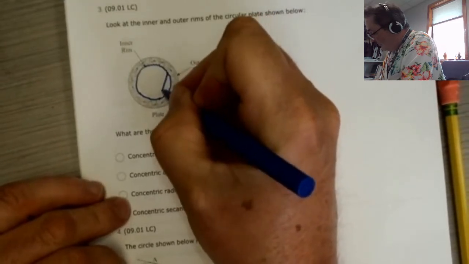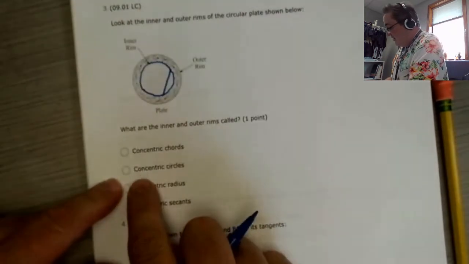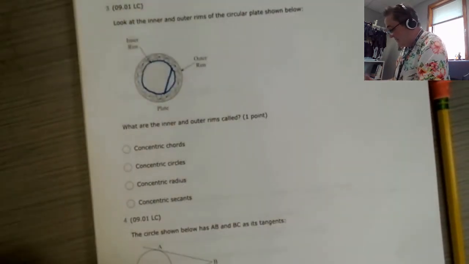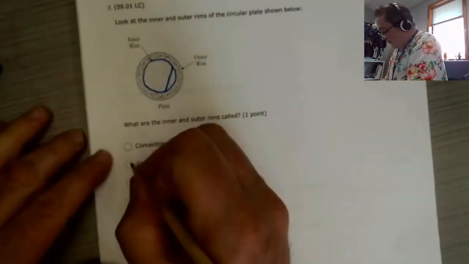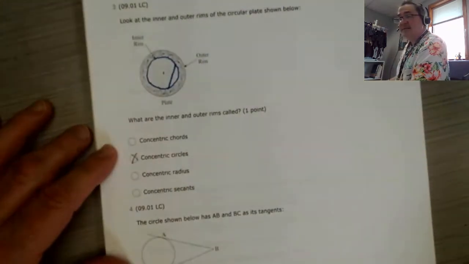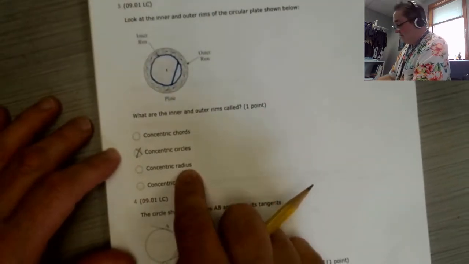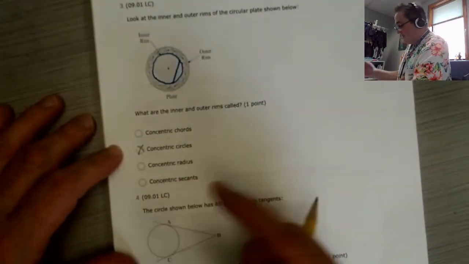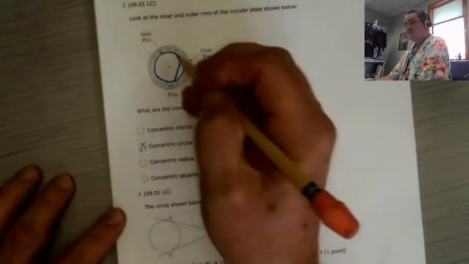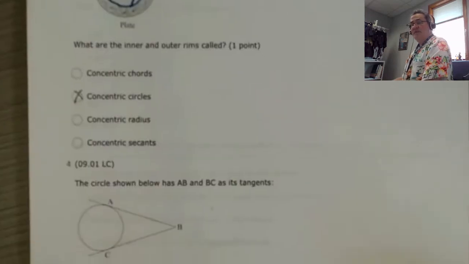Like drawing that would be a chord. These are not concentric chords. Are they concentric circles? Yes. They are. One circle inside another one that has the same center point, concentric circles. Concentric radius, no, that's not a radius. Concentric secants, we just looked at secants on that. These are concentric circles. All right, some of these questions are not going to be very difficult, it appears.